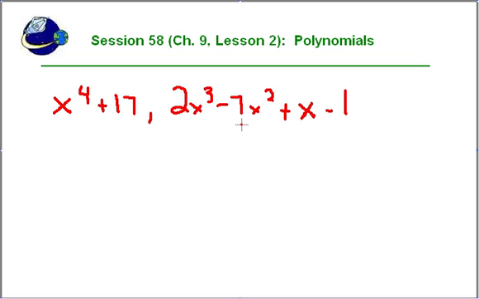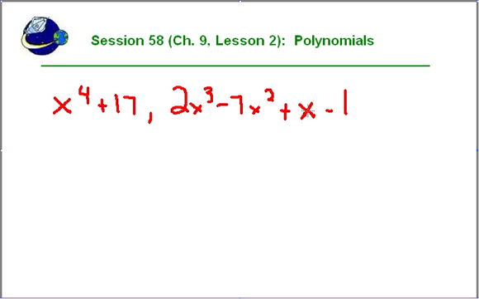Now when we mention the degree of the polynomial, we are asking for the monomial within it that has the biggest degree. Whatever that monomial's degree is becomes the degree of the entire polynomial. Four terms here in this polynomial. The last term, minus 1, has a degree of 0. Remember, x to the 0 is 1.